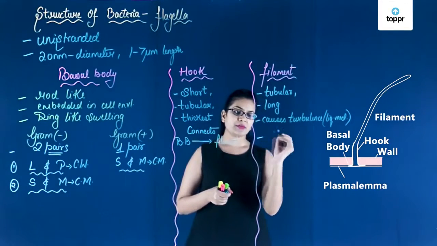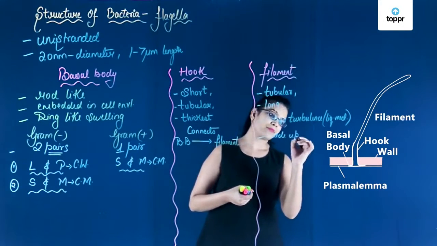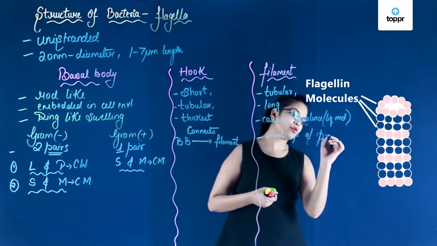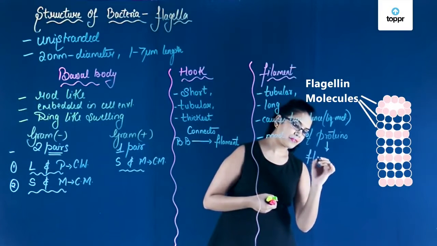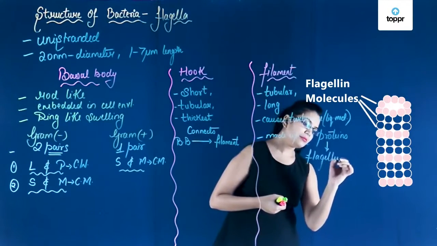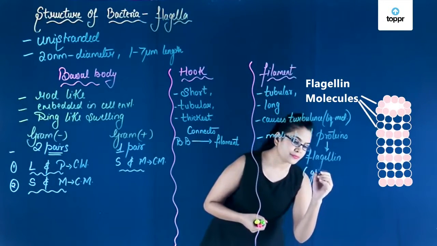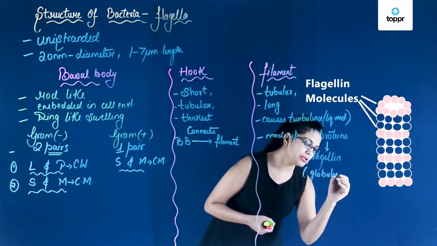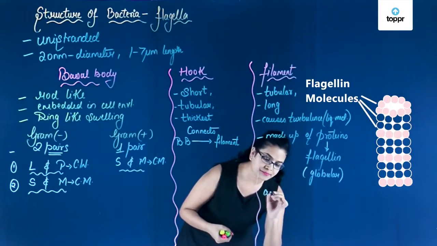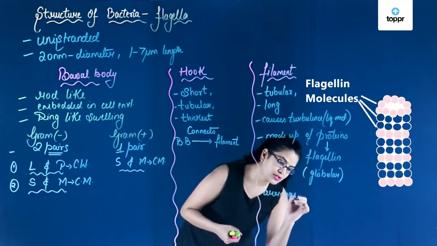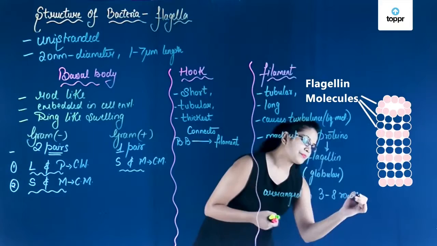Next we see that the filament is made up of proteins, special proteins which you call flagellin. The flagellin protein is a globular protein, and when we look at the figure, we are looking at its arrangement. These are arranged in 3 to 8 rows.